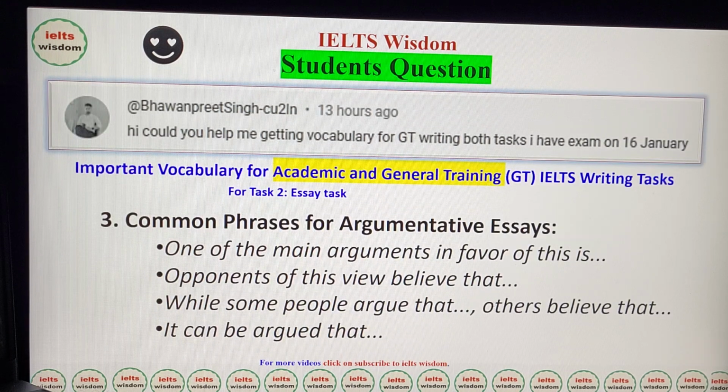And common phrases for argumentative essays, because there are different types of tasks, right? When you are talking about arguments, you should start with one of the main arguments in favor of this. Suppose the topic is ocean acidification is impacting our day-to-day life, okay?